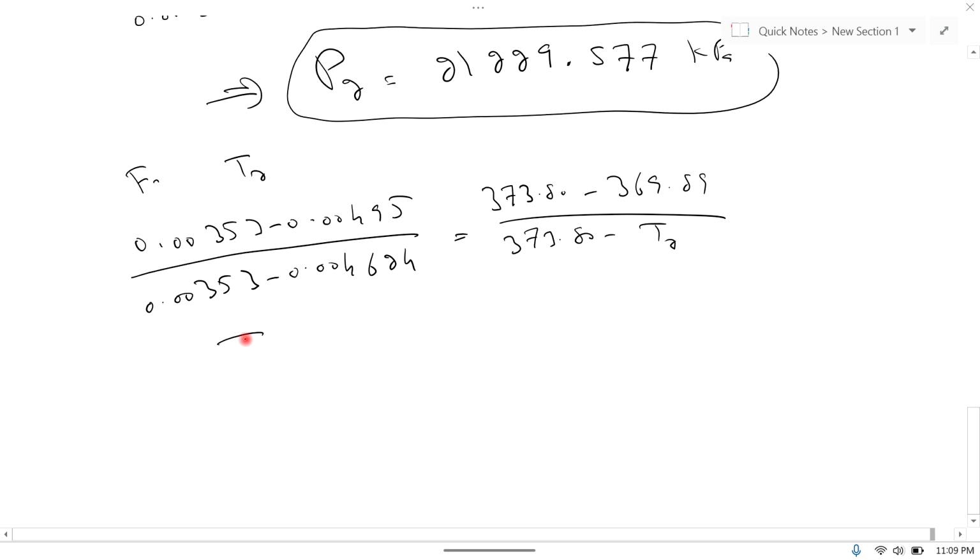Solve for this and find T2, which is equal to 370.78 degrees centigrade.